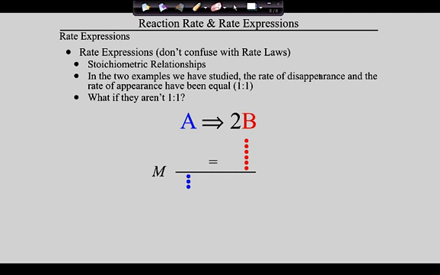Because we have a rate at which A is going down, and we have a rate at which B is going up, but these aren't equal. They're headed in opposite directions, and this one is growing faster than that one is shrinking. So here's the question. Guys, equal really means equal. So what would we have to do to these piles of dots to make them equal?